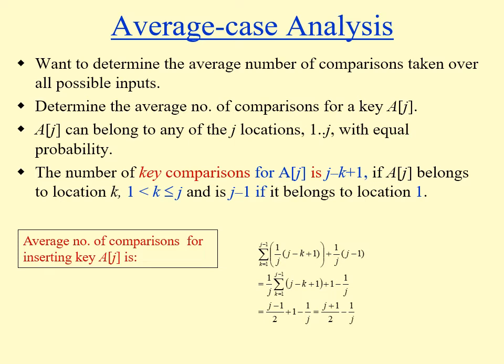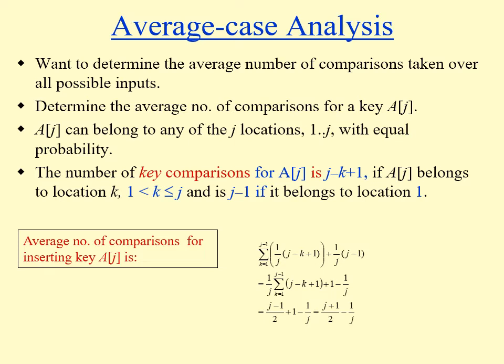So you can just think AJ can be any position of these J locations. Each location has the same chance. So we set the possibility to insert AJ to any of these J locations as 1 over J. It is a uniform distribution.